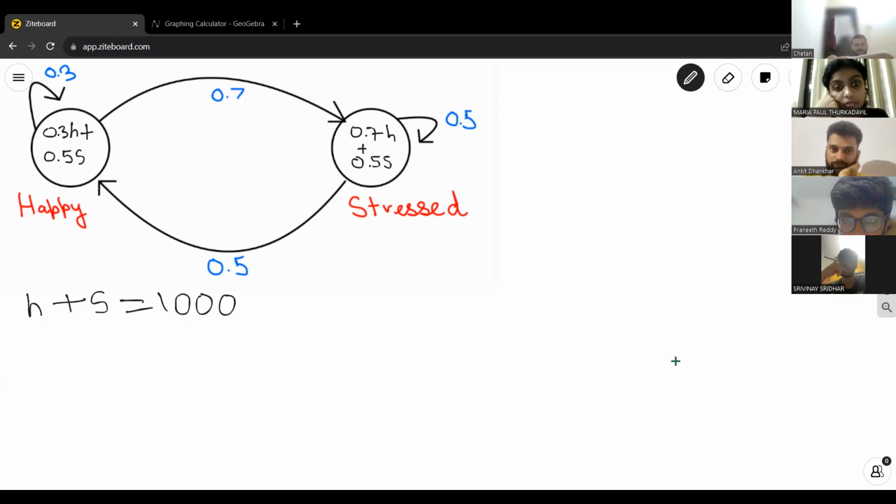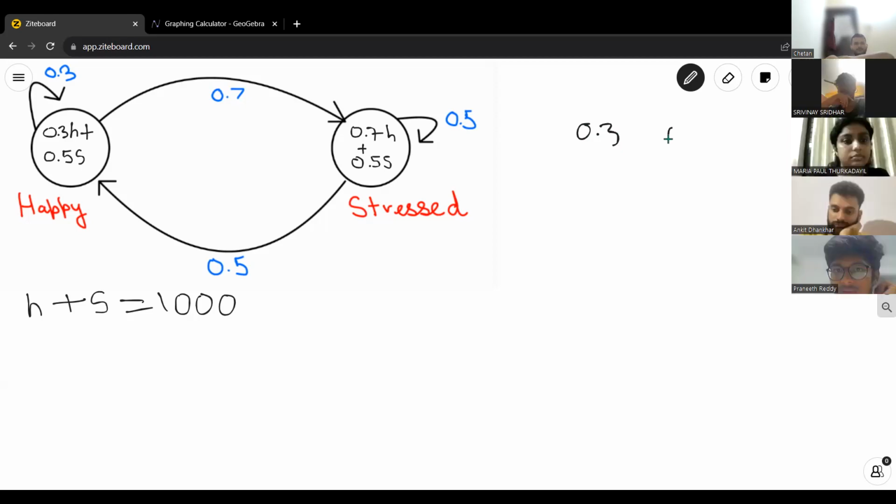Can we write the matrix once, maybe? 0.3, 0.7, 0.5 and 0.5. Is this correct? It should be 0.3, 0.5, 0.7, 0.5, row wise.